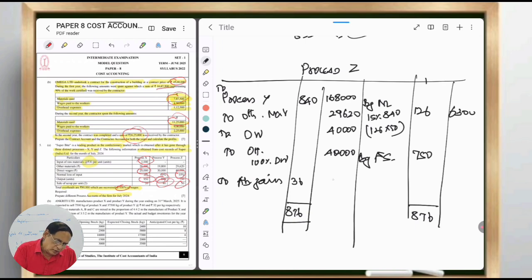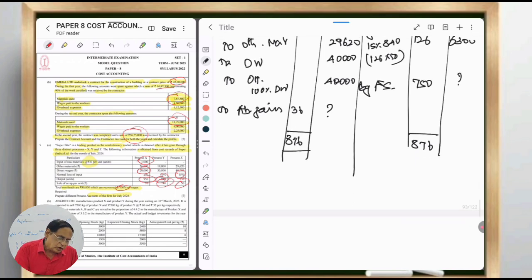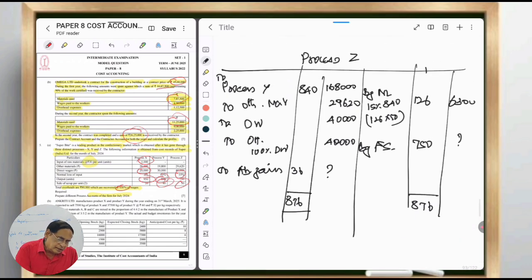So we have to find out the abnormal gain value and then finished goods value. We total the 4 amounts, the cost of process Y, material cost, other material, direct wages, etc. Out of that we have to deduct 6,300.